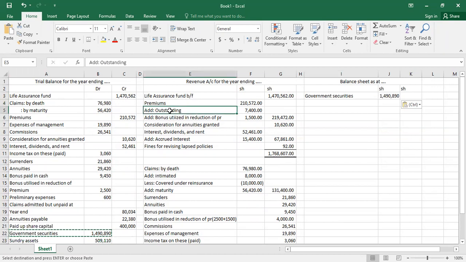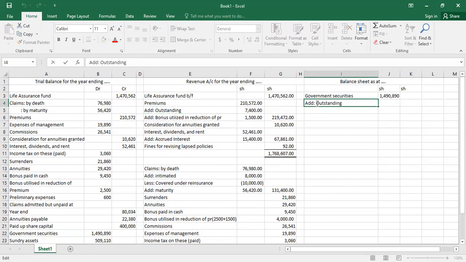This will be an asset. So accruals, outstanding premiums. Which other asset can you spot? Just know that accrued expenses are current assets, accrued income are current liabilities.